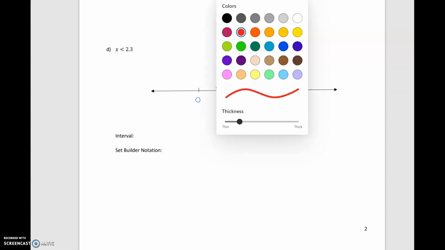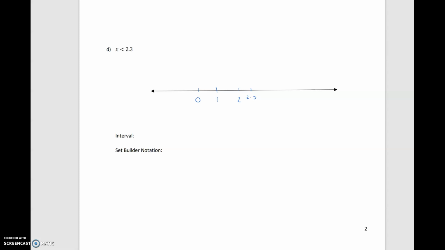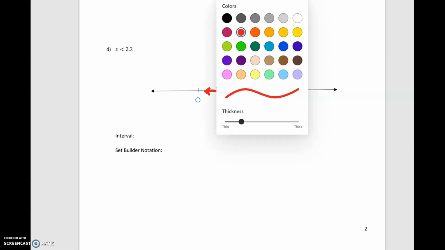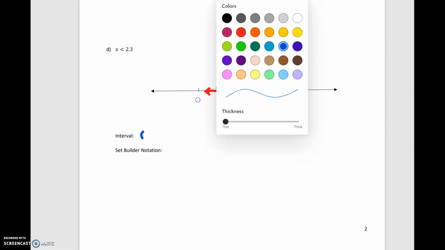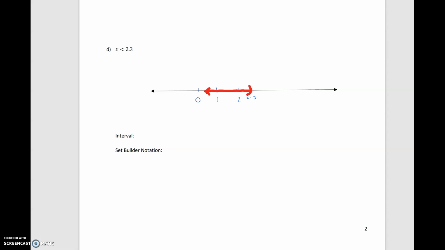So let me just make it a little bit thicker. In this case, less than is going to be a parenthesis, and we're talking about every value to the left. Interval notation: parenthesis, from negative infinity to 2.3, and parenthesis because it's a less than statement.